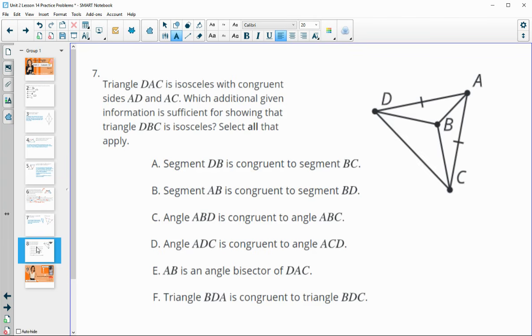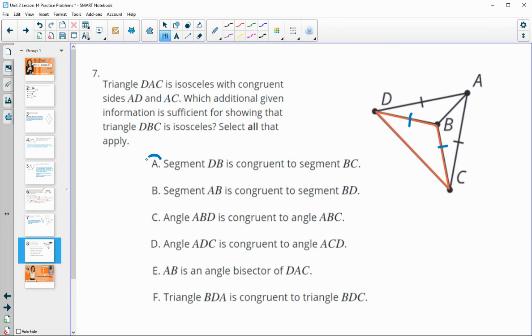All right, then number 7, triangle DAC is isosceles with sides AD and AC congruent. So AD and AC are congruent. Which additional information is sufficient to show that triangle DBC is isosceles? So we want to be able to prove that this one is isosceles. So let's take a look. If we knew that segment DB was congruent to BC, would that make this orange triangle isosceles?